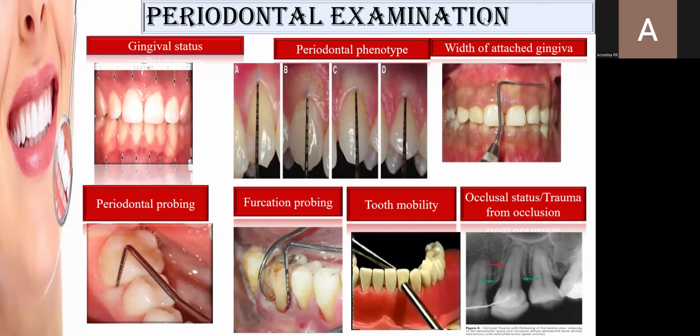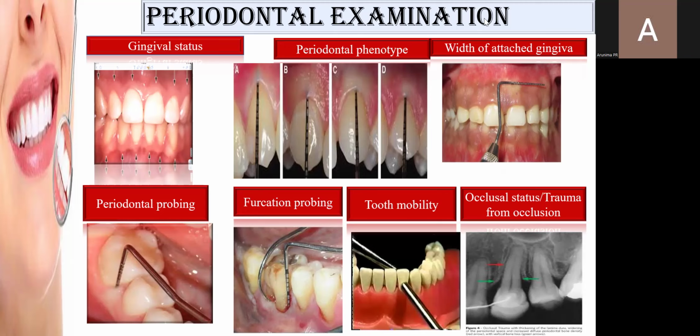It is also important to check the width of attached gingiva. At undergraduate level, I believe you are all superb at checking periodontal pockets. For periodontal probing and furcation probing, you have to use the Nabers probe to detect the furcation involvement areas correctly.